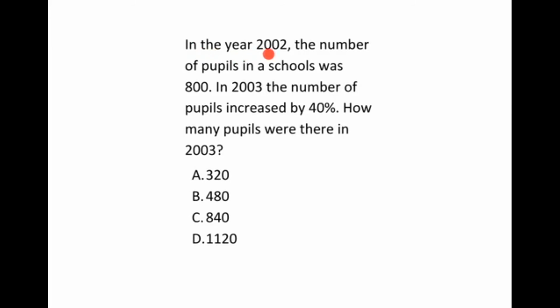In the year 2002, the number of pupils in a school was 800. In 2003, the number of pupils increased by 40%. How many pupils were there in 2003? Solution. We are told that in the year 2002, the number of pupils in a school was 800.